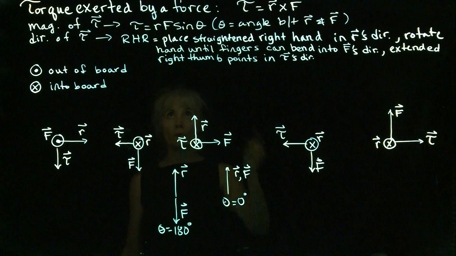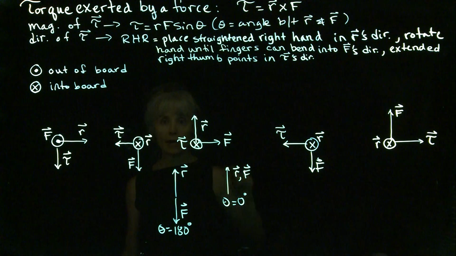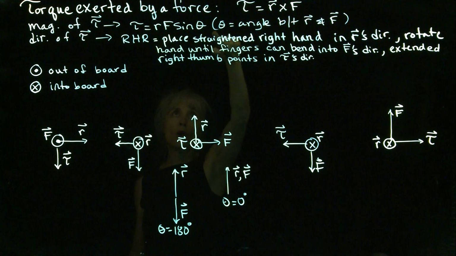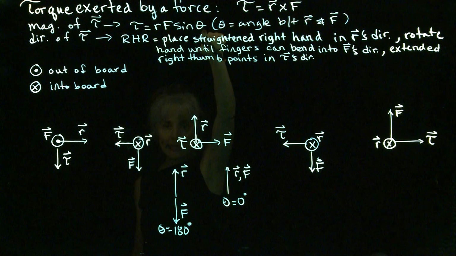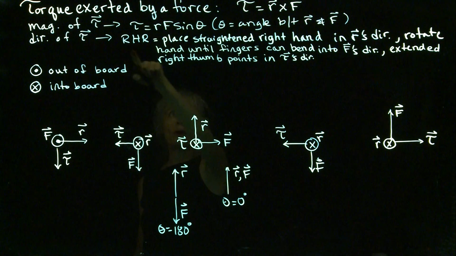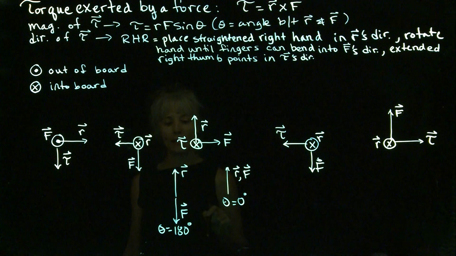So the magnitude part of the torque will always be positive. It can be 0 for 0 degrees and 180 degrees. It doesn't make sense to have angles that are 180 to 360. They only lie from 0 to 180. And the direction part of the torque comes from applying that right-hand rule.